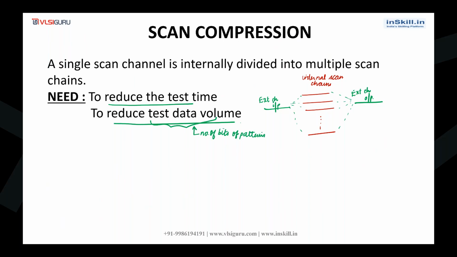Test data volume means number of bits of patterns. So we need to go for scan compression in order to reduce test time and also to reduce test data volume.